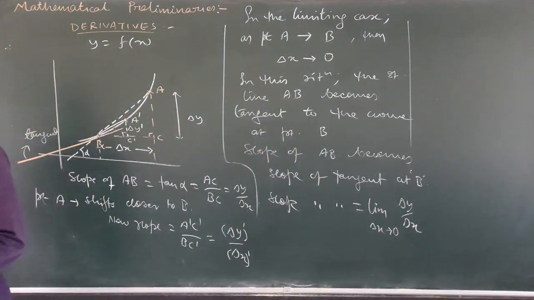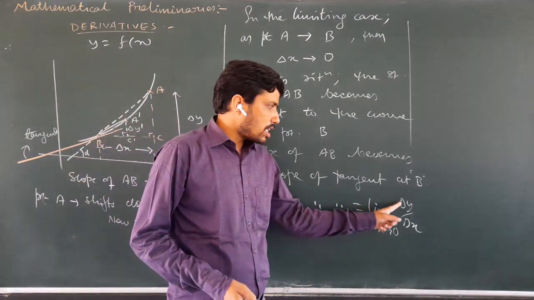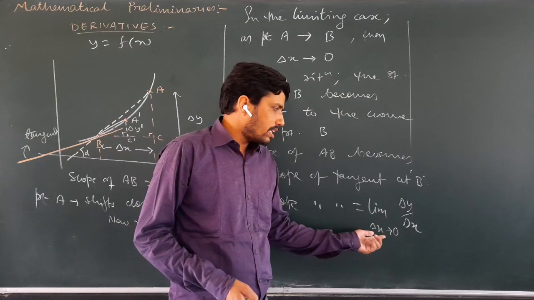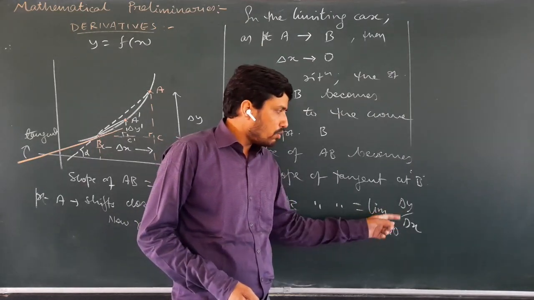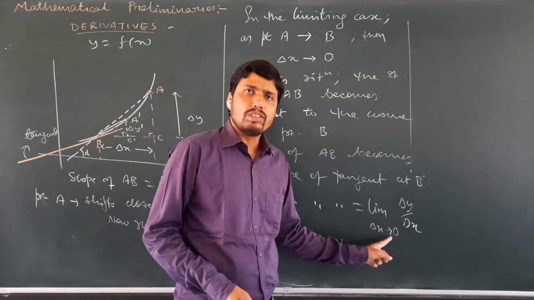Now this is a mathematical notation. How will we read this? Limit delta x tends to 0, delta y by delta x. It is the limiting value of delta y by delta x as delta x approaches 0.